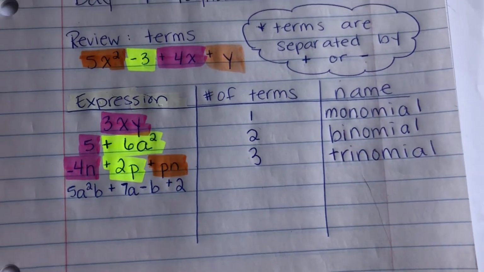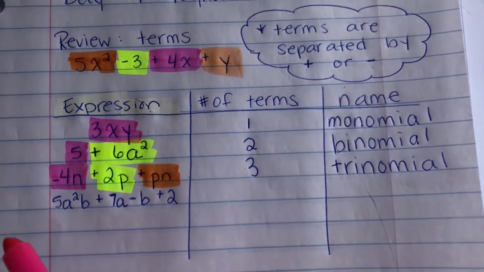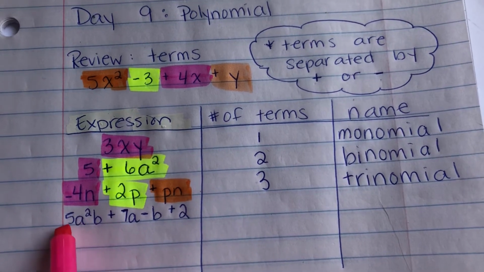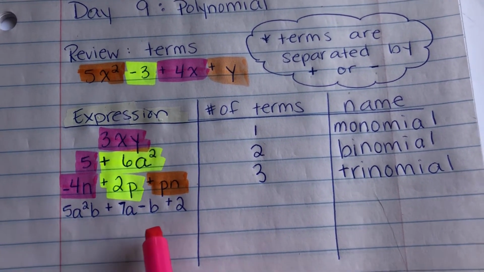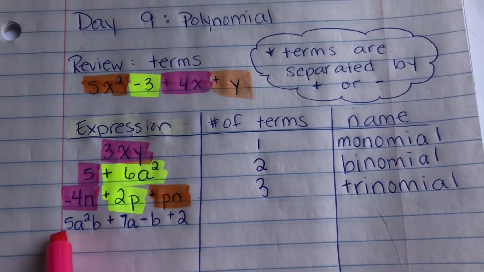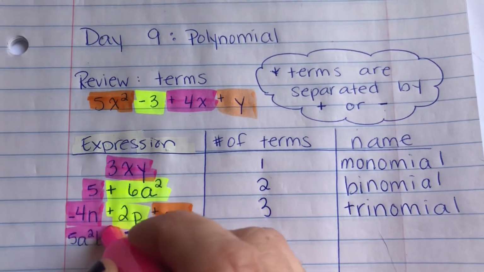Okay. For our last example, again, we'll just count the terms. Notice how with this work for day 9, it doesn't even really matter what the variables are. It doesn't matter what the numbers are. All we're doing is counting the number of terms, or counting how many things are separated by a plus or minus sign. So here, this is one term.